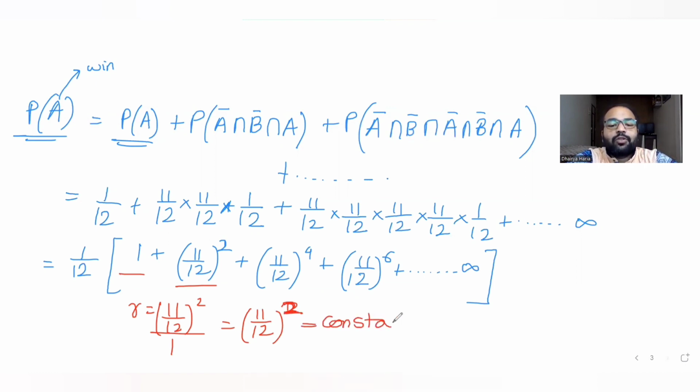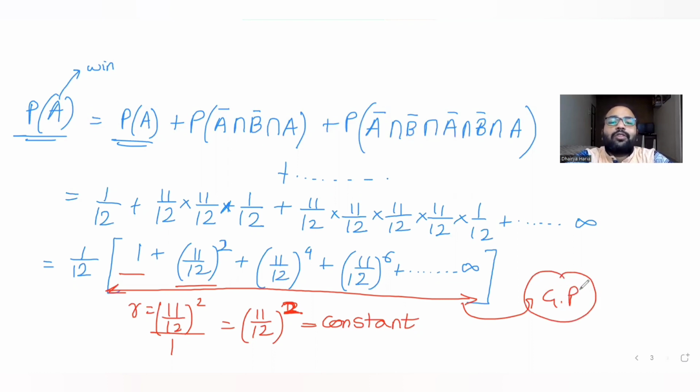So the ratio is a constant term, 11 by 12 square. And when the ratio is constant, this entire list in the bracket becomes a geometric progression. The first term is 1, and the common ratio is 11 by 12 square. So I can use this idea to find the probability of A winning the game.